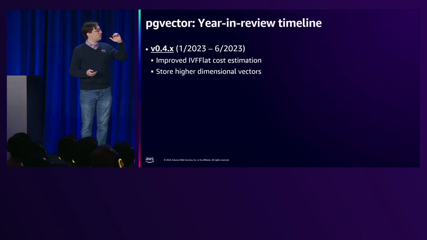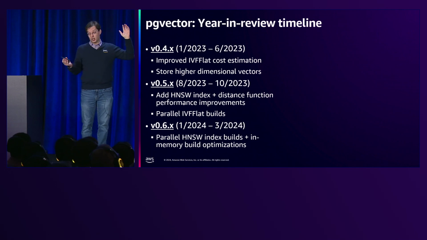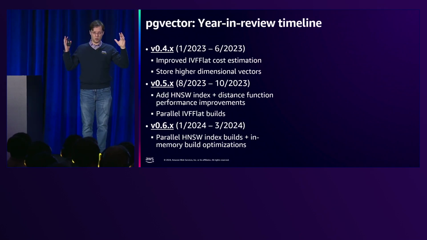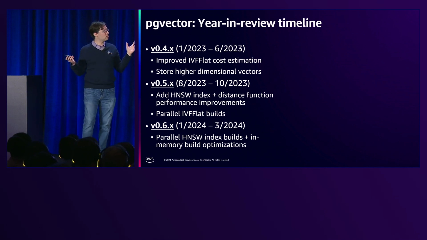So what's happened over the course of the year, or actually the course of 2 years? I'm not going to read through all of these one by one, but the first part was just, all right, we've got to get pgvector to par with what we see out in the world in terms of all the different vector search solutions.